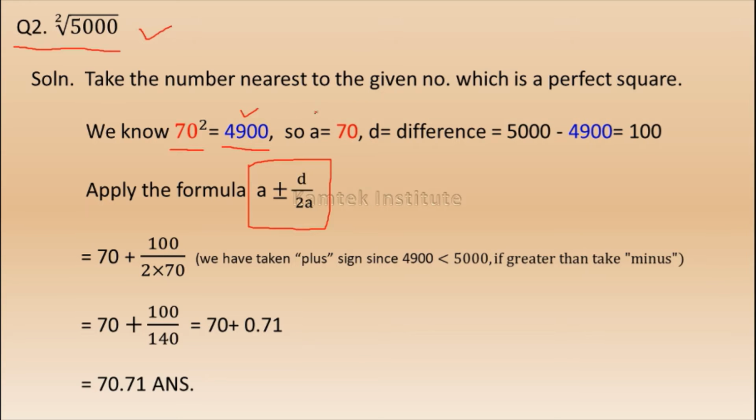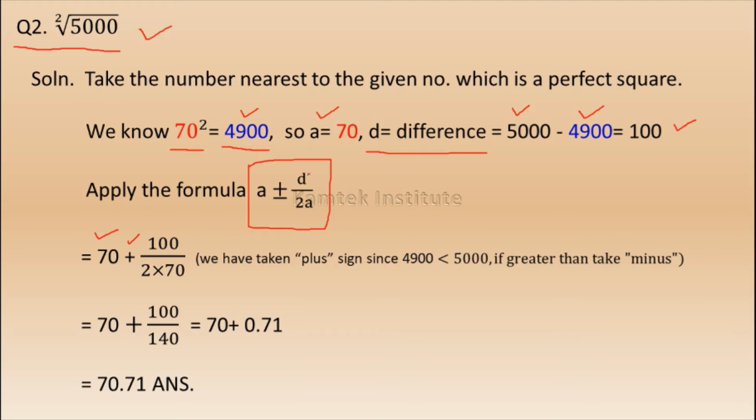We know a is the square root of 4900, that is 70, and d is the difference between the number 5000 given to us and the perfect square number that we found, 4900, and that is 100. Applying these numbers in the formula, a is 70, and we'll take the plus sign for the simple reason that 4900 is lesser than 5000. Had this number been greater than 5000, we would have taken a minus sign.